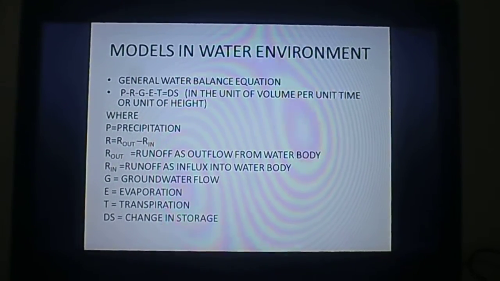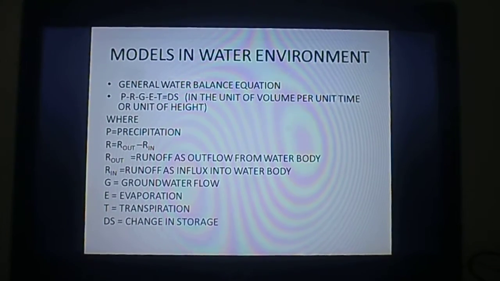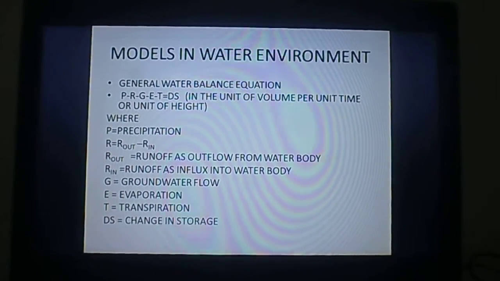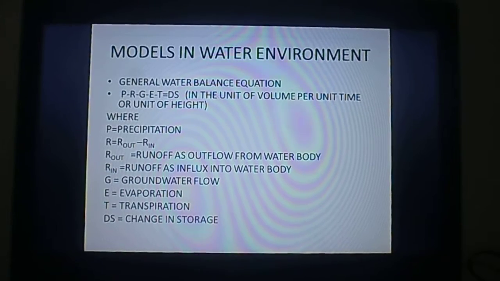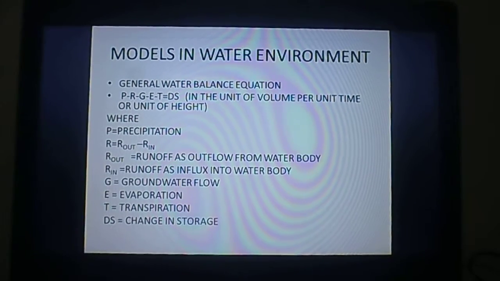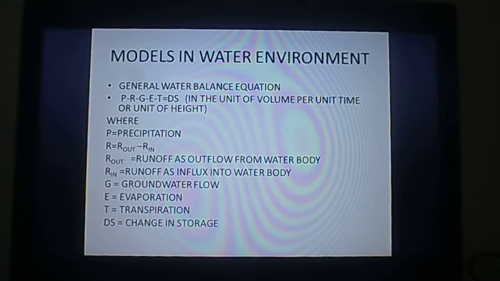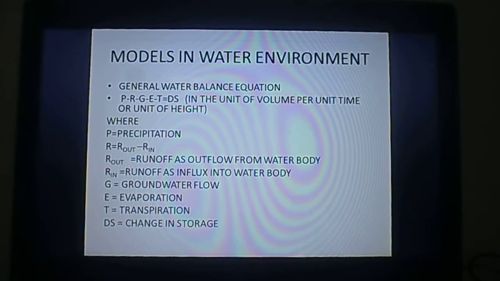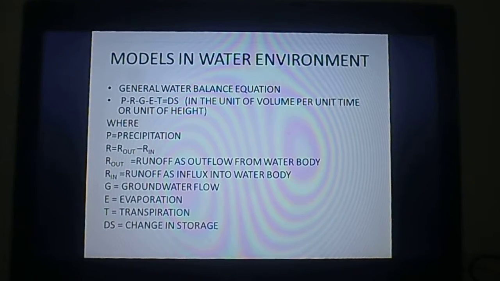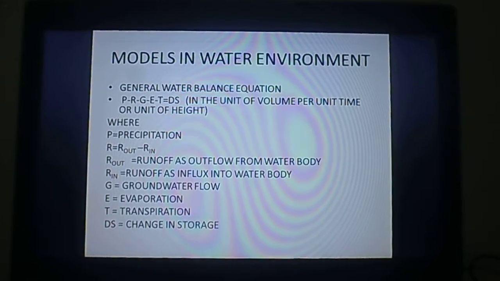Earlier, the general water balance equation was given. Notice that in the expression given, the right side is expressed using an operator D. Notice the right side is change in storage. The left side of the equation is still equal to the inflow minus outflow plus generation minus consumption.